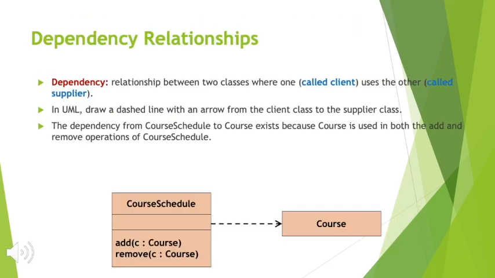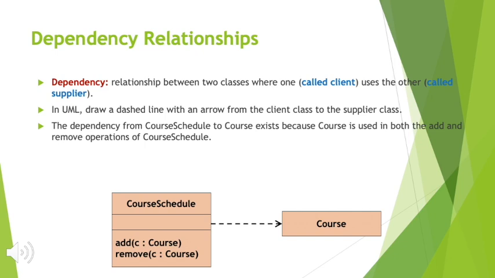And for the dependency relationship, it shows the relationship between two classes where one we call the client and the other one we call the supplier. So in UML, we draw a dashed line with an arrow from the client class to the supplier class.